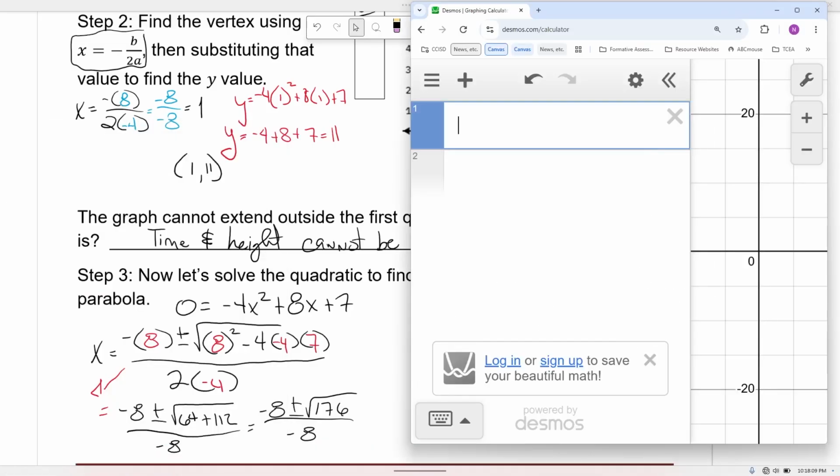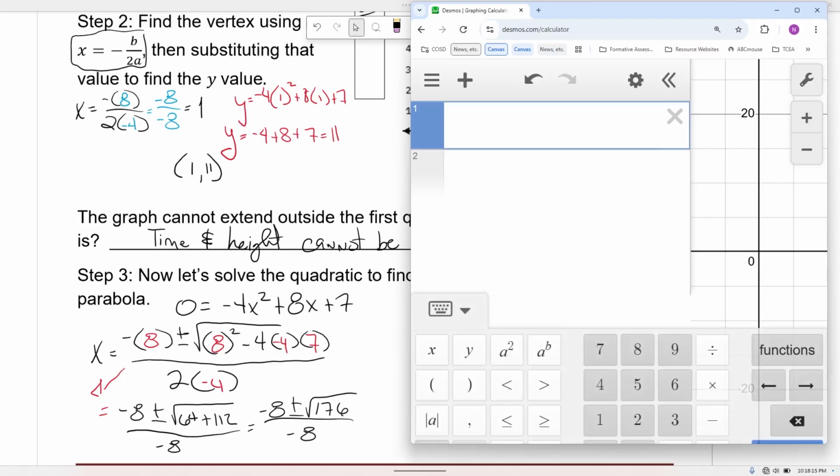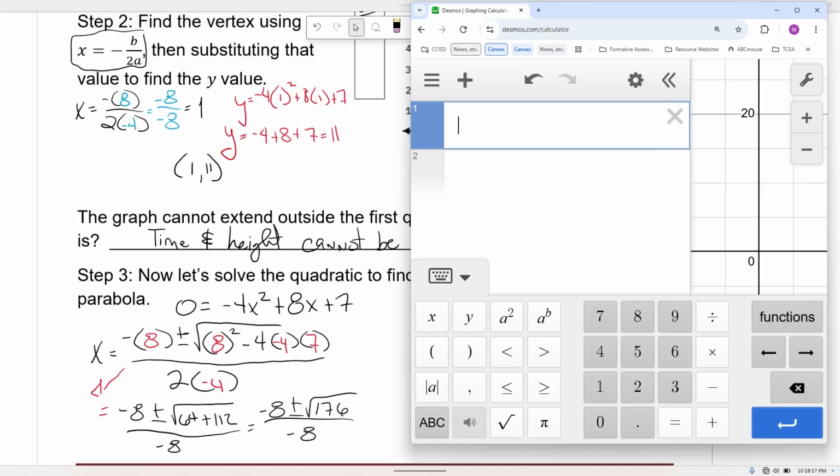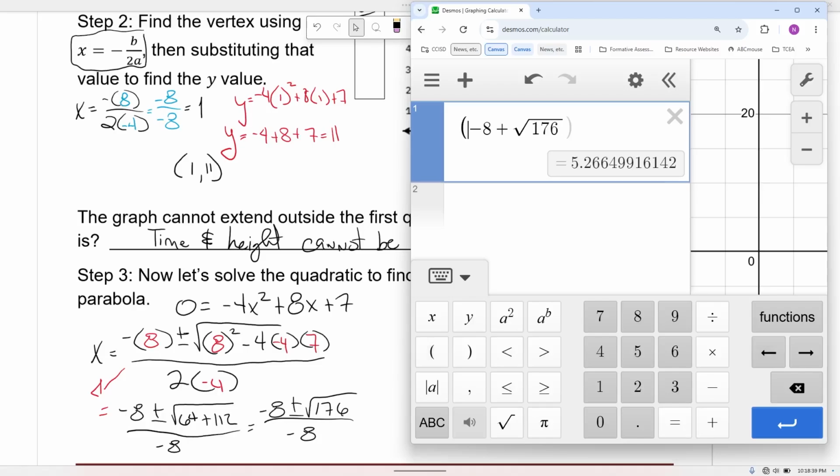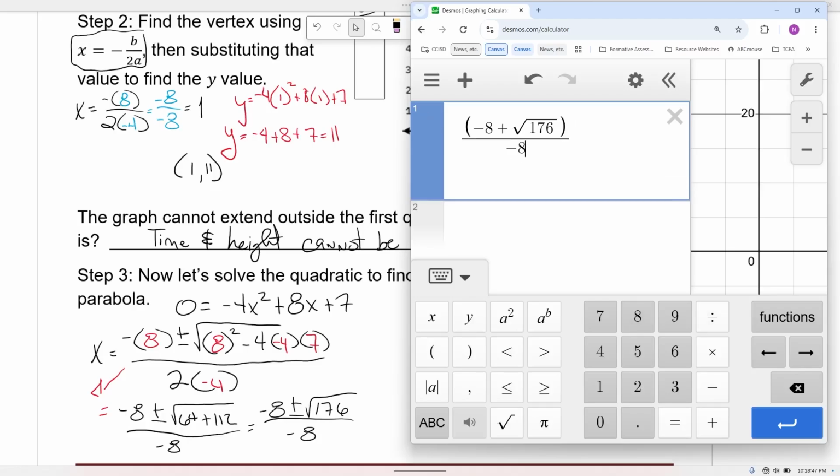and we can take and plug these into our equation here. I have -8 plus the square root of 176, all of that, making sure I put that in parentheses, divided by -8.